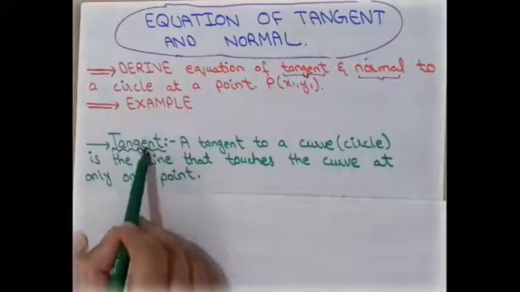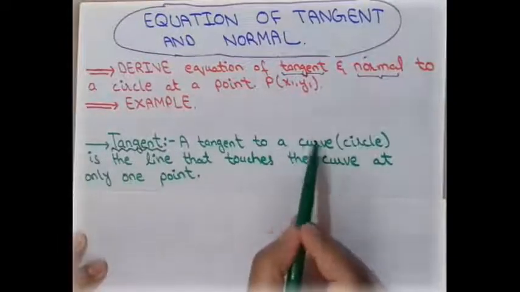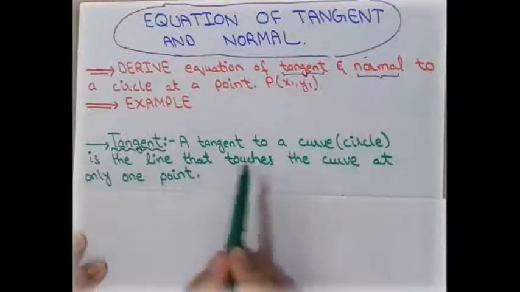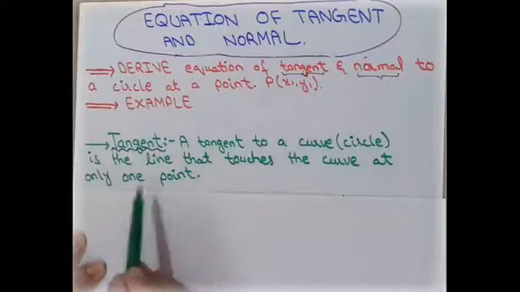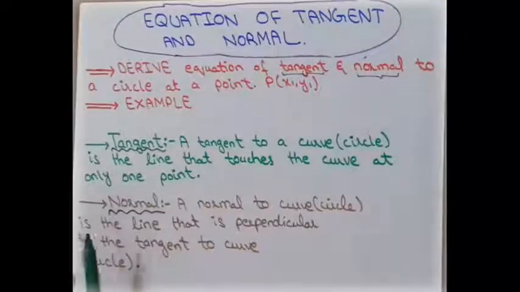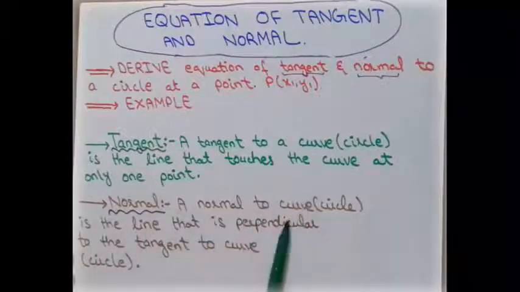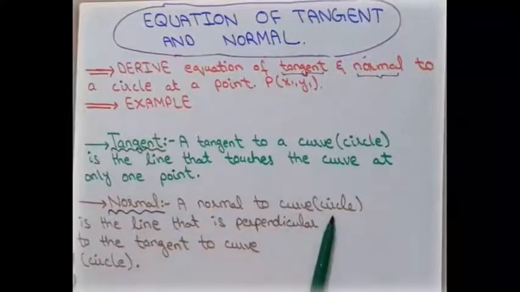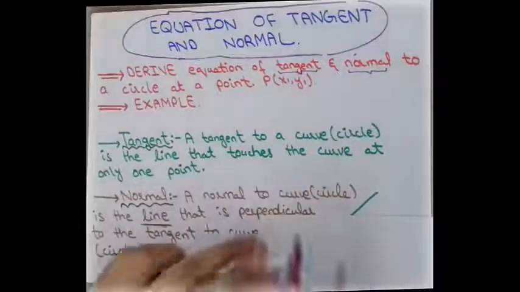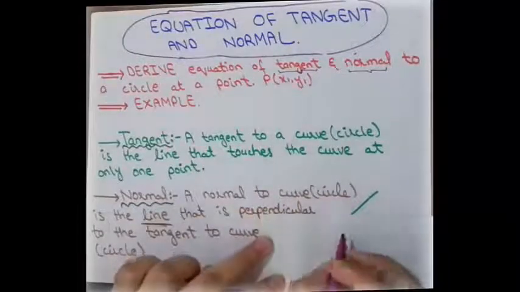So what is the tangent? A tangent to a curve, and we take the curve as a circle, is a line that touches the curve at only one point. Then this line is called a tangent. And secondly, what is the normal? A normal to a curve, where the curve is a circle, is a line that is perpendicular to the tangent to the curve. Let us understand these two concepts by a diagram.